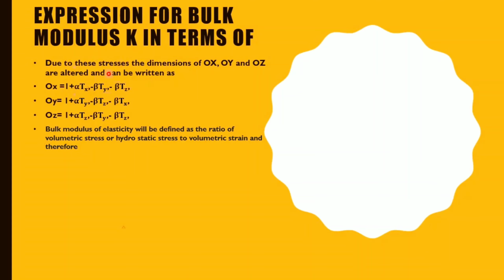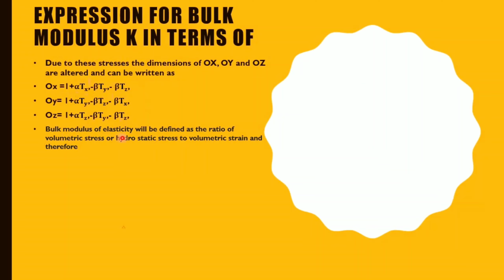So these are the compressive stresses for OX. For OY it is Tx and Tz, and for OZ it is Ty and Tx, with beta. So all the compressive terms will be minus beta, and the applied one will be 1 plus alpha Ty and 1 plus alpha Tz.